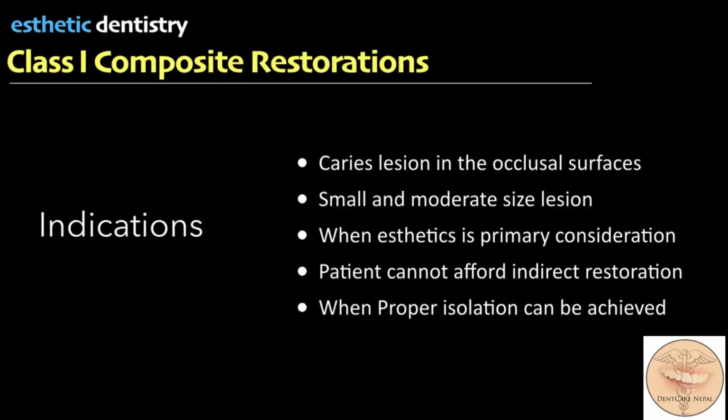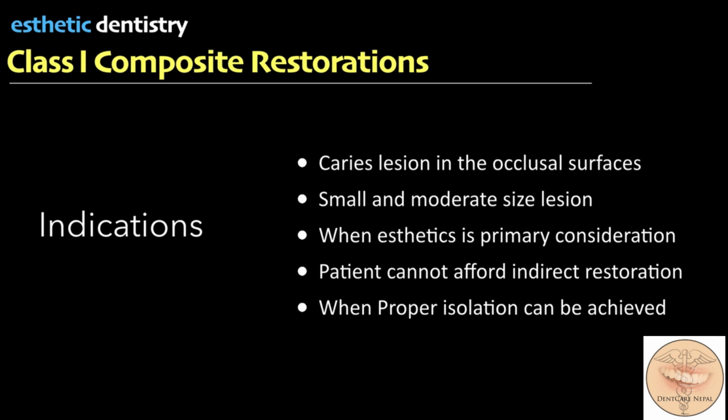Talking about the indications of class 1 composite restoration, there are some absolute indications whenever doing an occlusal composite restoration. Small and moderate restorations, preferably with enamel margins. Most premolar or molar restorations, particularly when aesthetics is considered. A restoration that does not provide all of the occlusal contacts, or does not have any occlusal contacts.